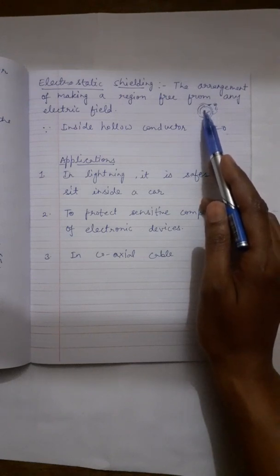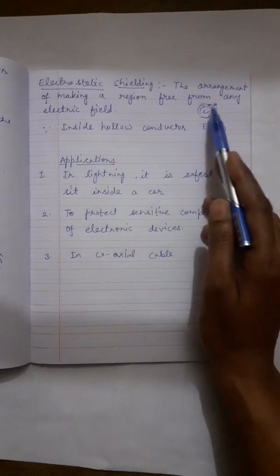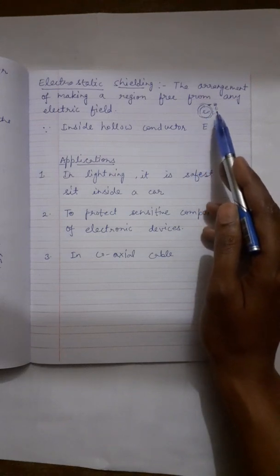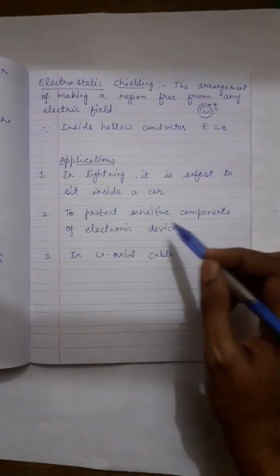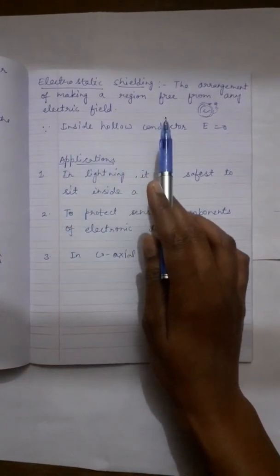So in this way, the inner signals get no disturbance from the outer electrical disturbances. So these are the applications of this phenomenon, electrostatic shielding.